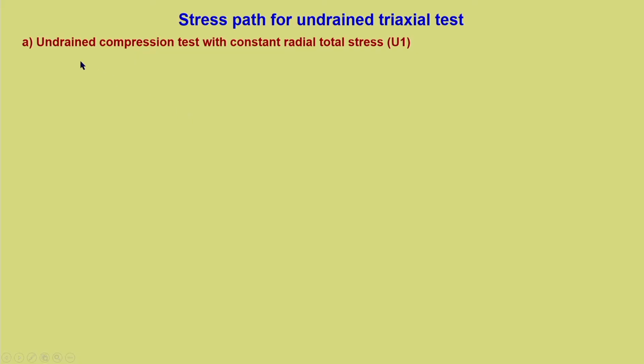Just like what we have done for drained compression test, there are 4 cases that we discussed here. The first case is undrained compression test with constant radial total stress. Now, when we discussed drained stress path, we did not have to stress too much on effective or total, but now it is important.